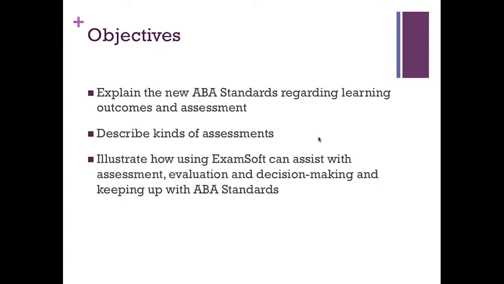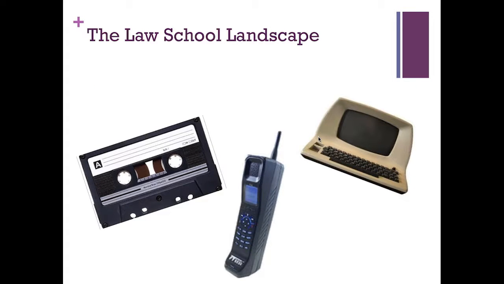But before we begin, I think it's important to examine the law school landscape and understand what the law school landscape is regarding assessment in comparison to maybe some of the other disciplines.